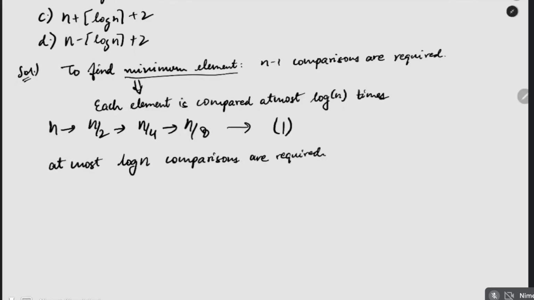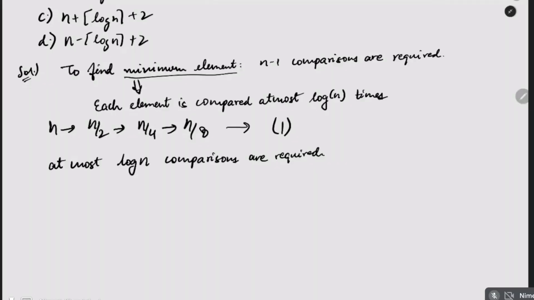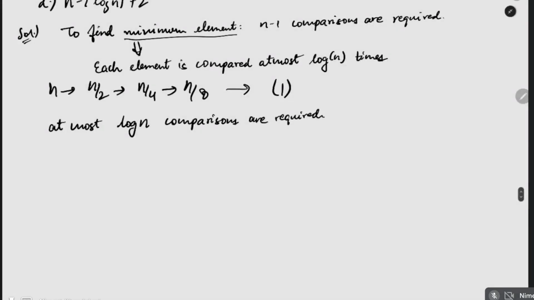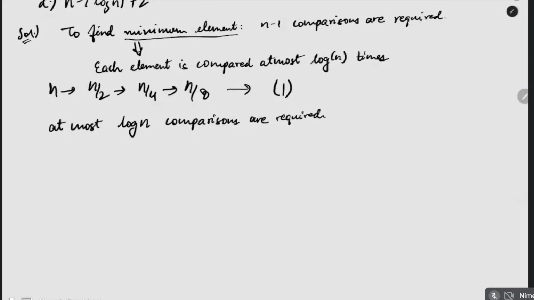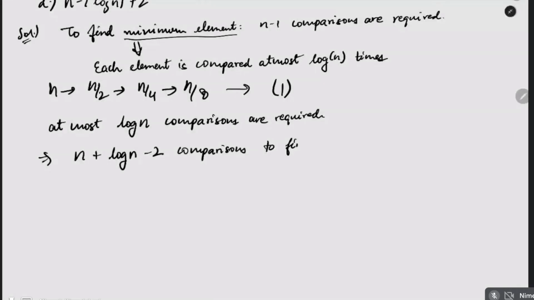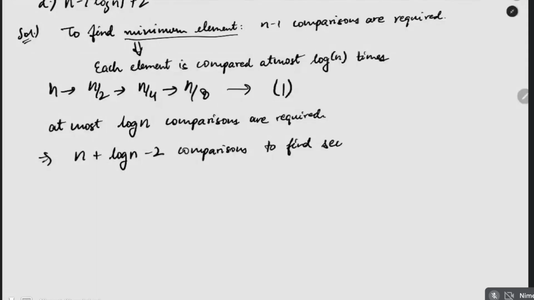So at the end, to find the second minimum element, we need n plus log n minus 2 comparisons.